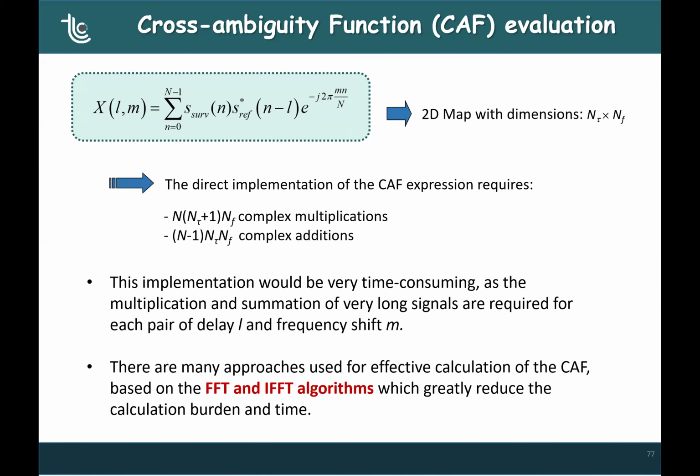Now, the direct implementation, where direct means using the sum equation as it is, without implementing any specific algorithm, means that we have N times (n_tau plus 1) times n_f complex multiplications plus a certain number of complex sums.